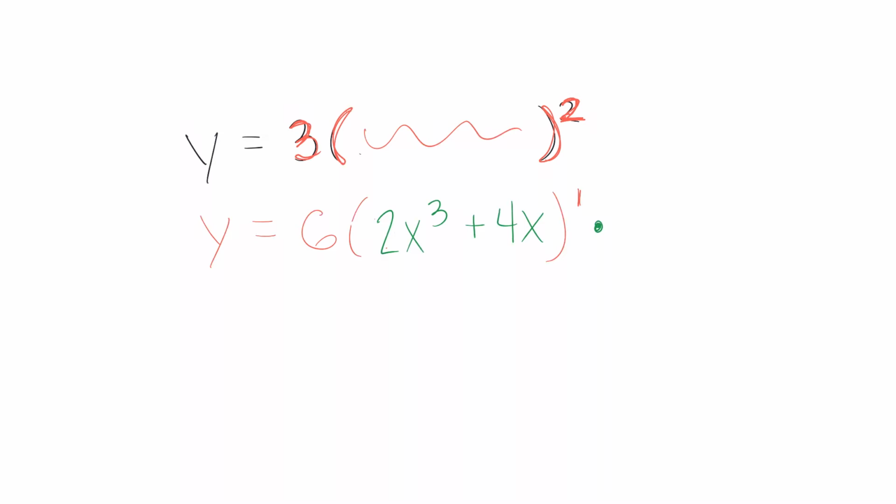Because there's an addition sign, I need brackets. What is the derivative of 2x cubed? It is 6x. What is the derivative of 4x? Plus 4. Derivative of the outside times the derivative of the inside.